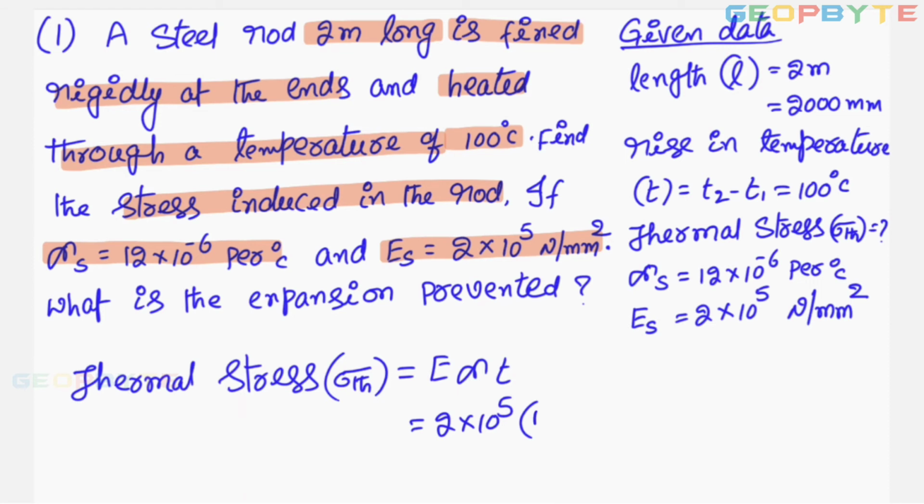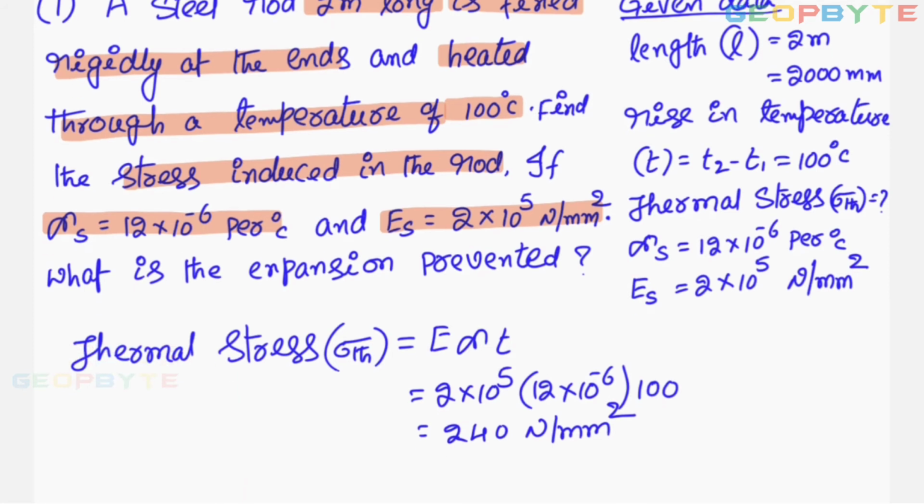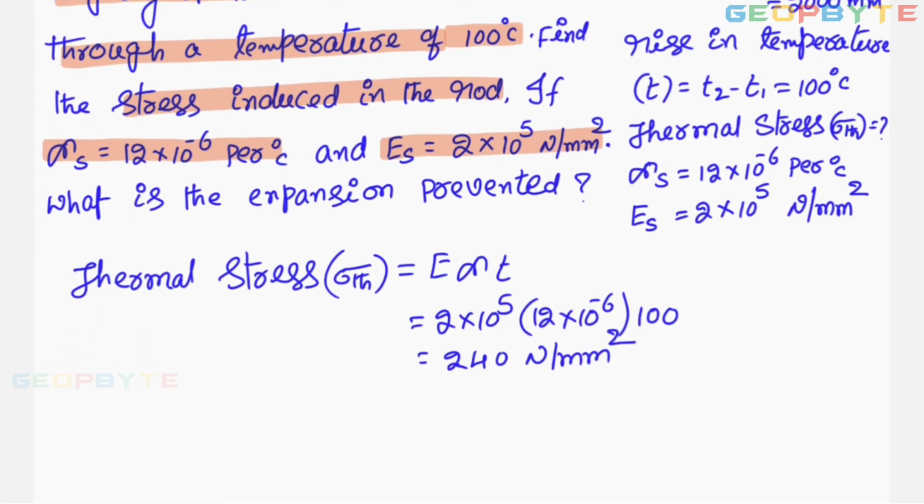Alpha equal to 12 into 10 power minus 6. Temperature change is 100. You simplify this value for getting 240 Newton per mm square. That is the thermal stress.